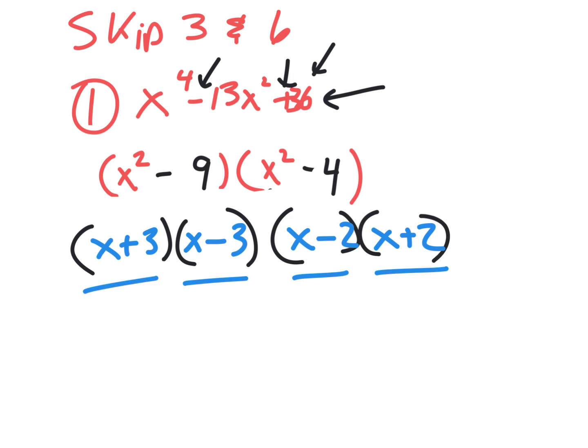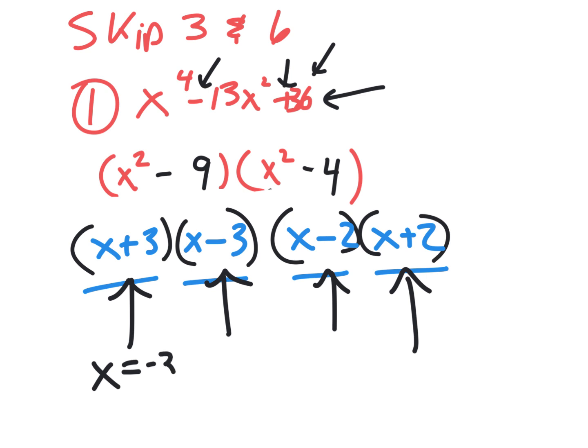Now, I've got to go to the zeros. These are all real answers, just as easy as they can be. Negative 3 makes this part 0, 3 makes this part 0, 2 makes this part 0, and negative 2 makes that part 0. Now, there wasn't anything imaginary in there.